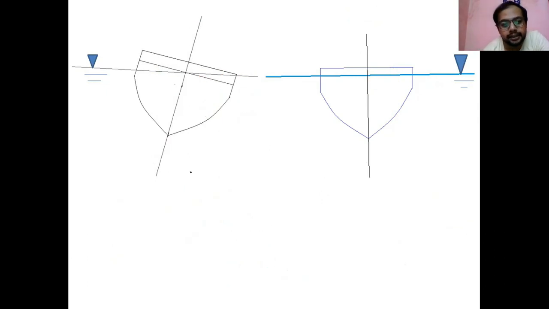So if you write it here, xb dash, the new position of center of buoyancy, minus xb, the old position, is equal to 1 by volume tan theta x squared dA.